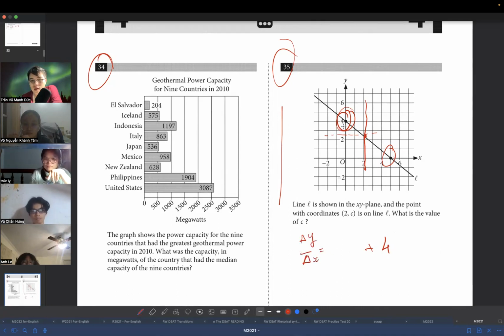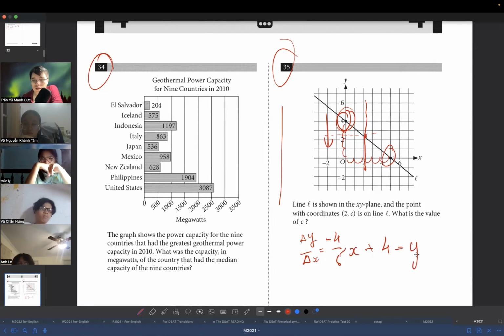So it is 1, 2, 3, 4, over 1, 2, 3, 4, 5. 4 over 5. And this is going down, so I'm going to put the minus sign here. Minus 4 over 5x plus 4 is the equation for y. And let's plug them in.